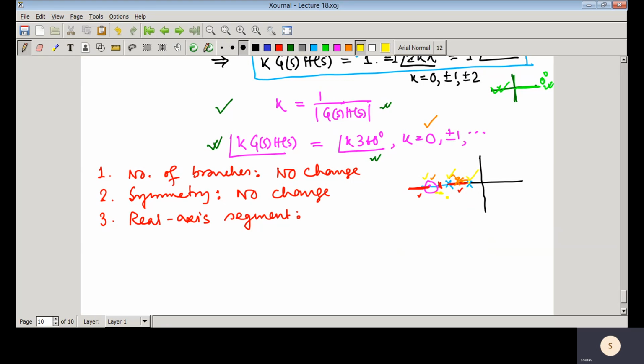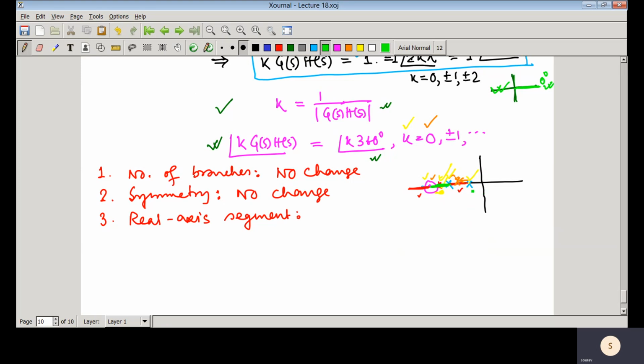So this particular point is satisfying this angle condition. So that means this segment is part of the root locus.